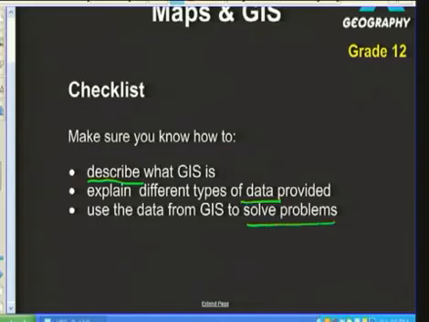In addition, we need to understand how the GIS and its information inside can be used to solve problems. Because essentially what this GIS is, it's a decision-making tool. It's a tool used by humans to be able to make our lives easier.